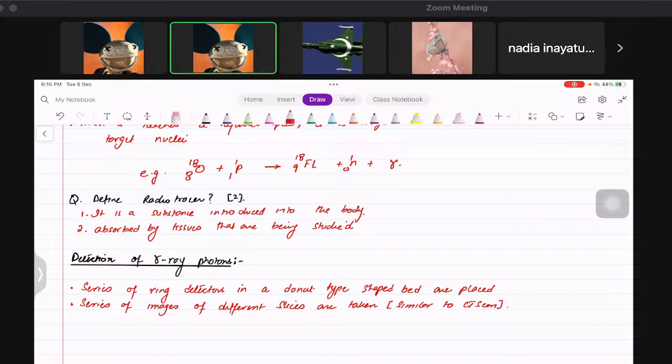Okay. Now, detectors of gamma ray photons consist of two parts.